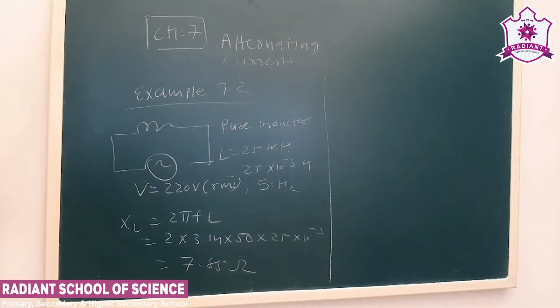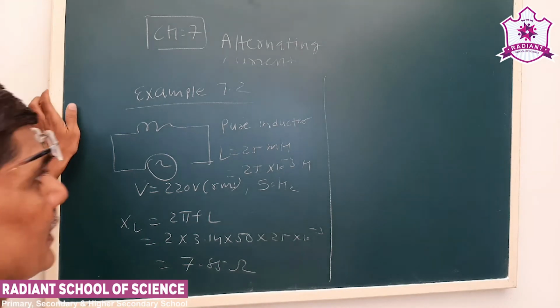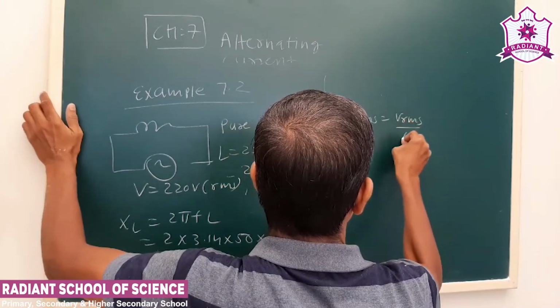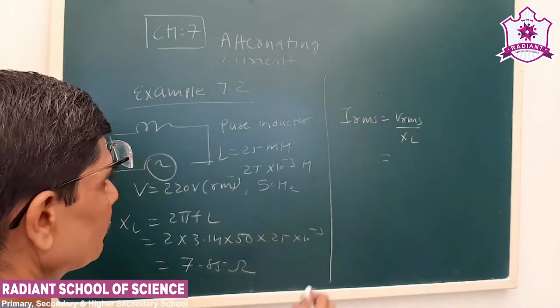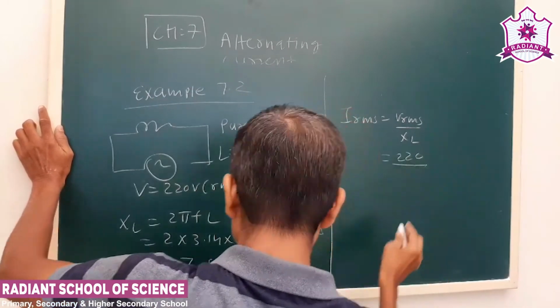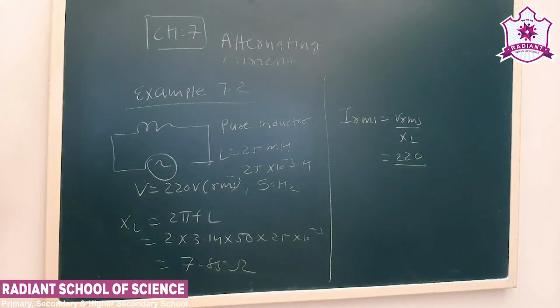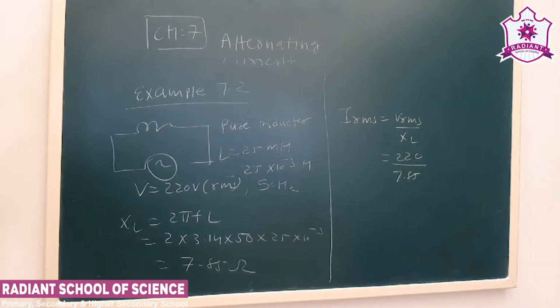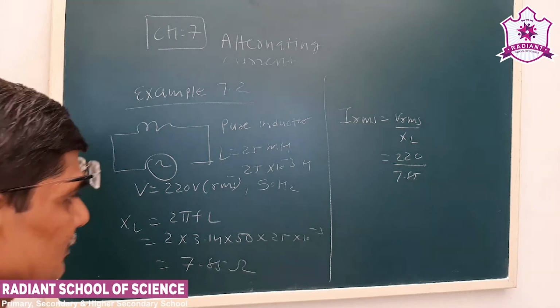The unit of inductive reactance we have to assume is ohm. Now I RMS is 220, and XL value is 7.85, so this will be 220 divided by 7.85, which is 28.